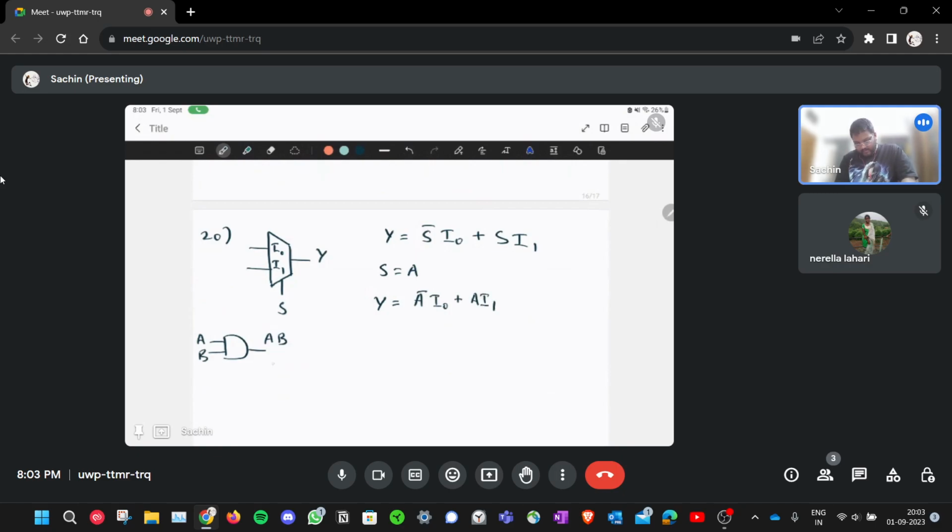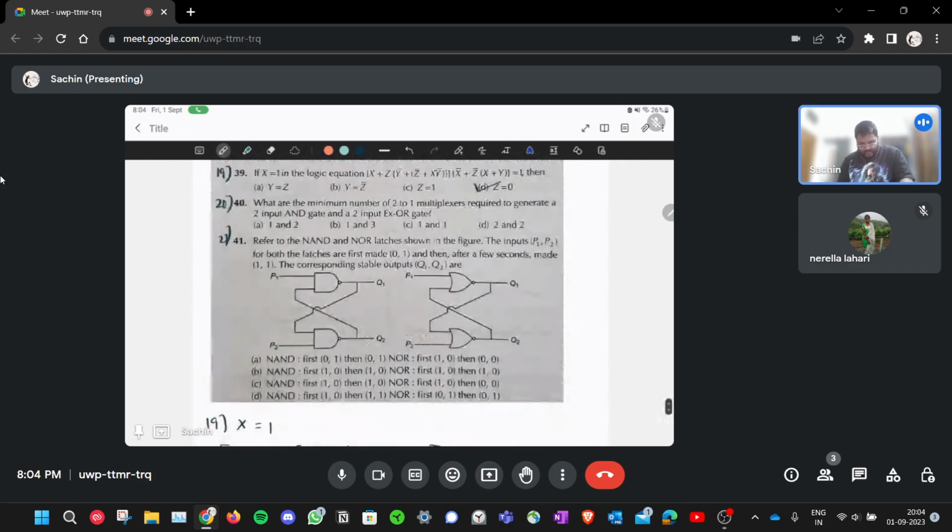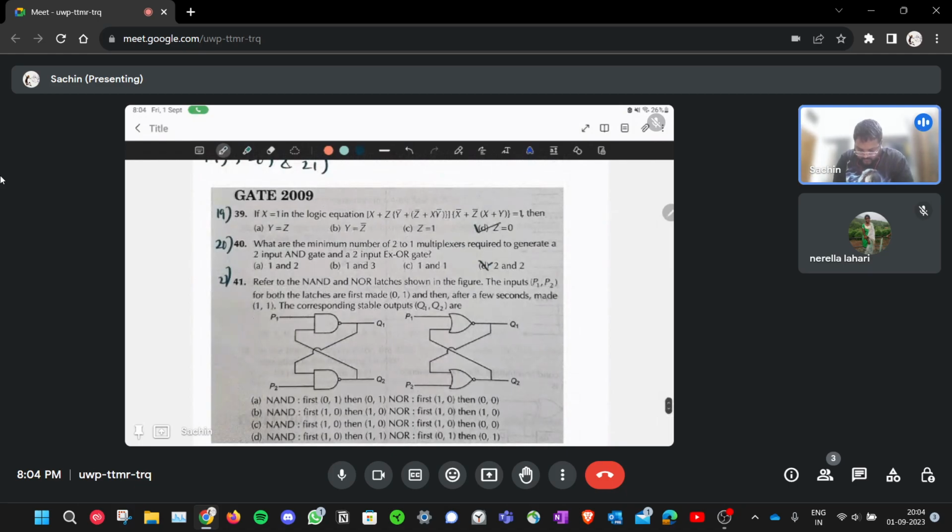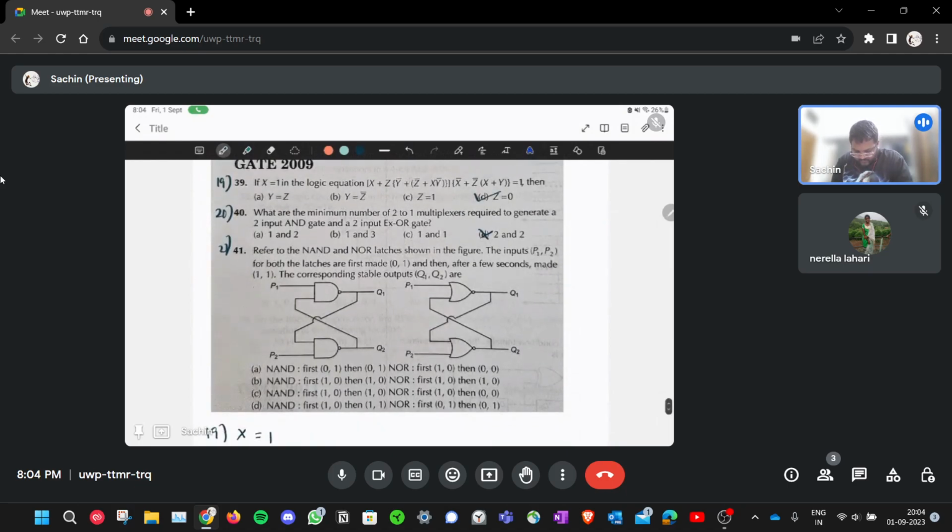Then I can give I1 equal to B, and I0 I can connect to ground, give it as 0. Y is A bar 0 plus A and B, which is nothing but AB. So with a single multiplexer I could get an AND gate. So it's not any of these options. So it can be option D.